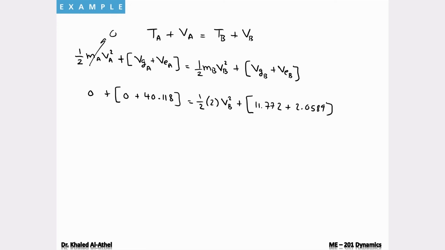If you solve this, it's a simple substitution at the end, you get VB equals to, of course it's a squared value, so the roots will be one positive, one negative, we take only the positive value, so you get 5.127 meters per second, which is roughly 5.13. Okay, so this is the first requirement of the problem.